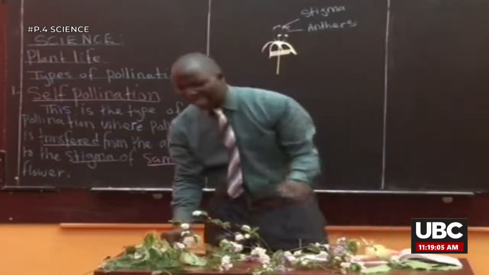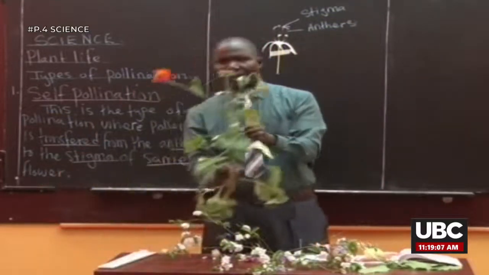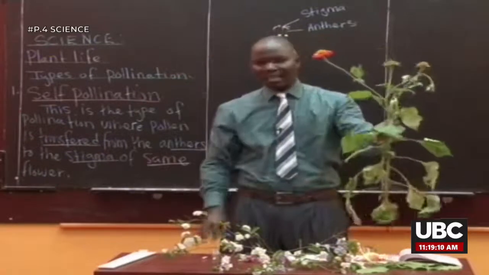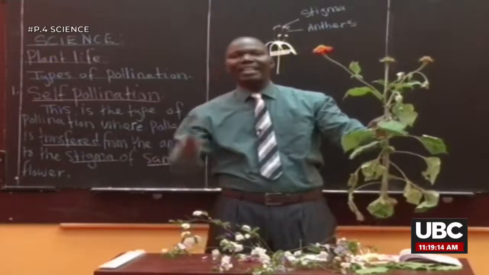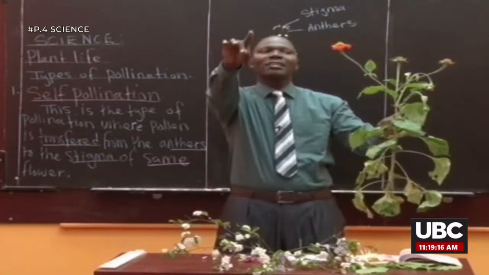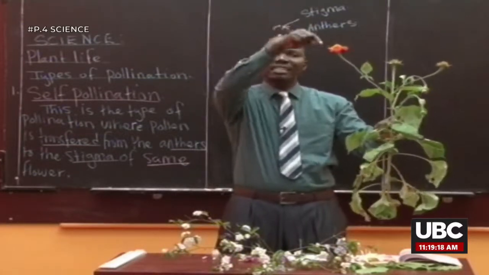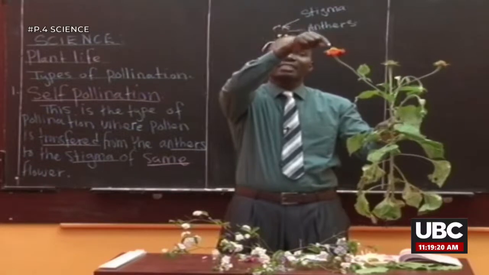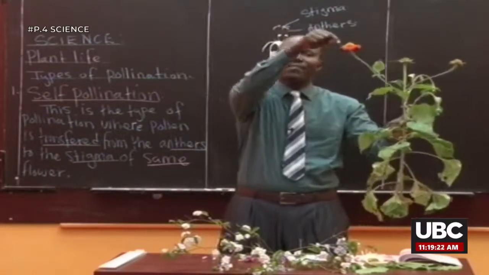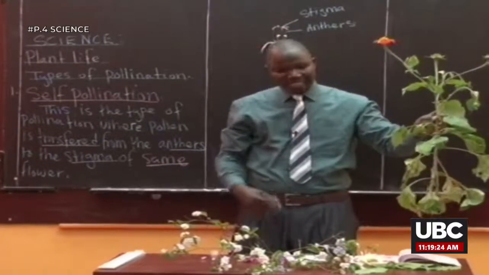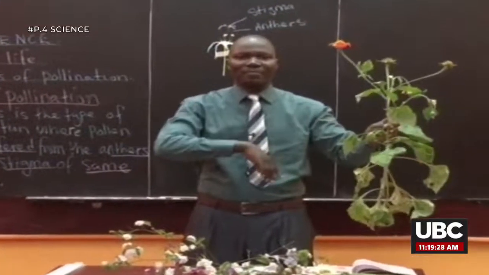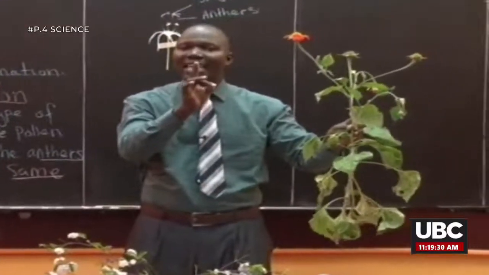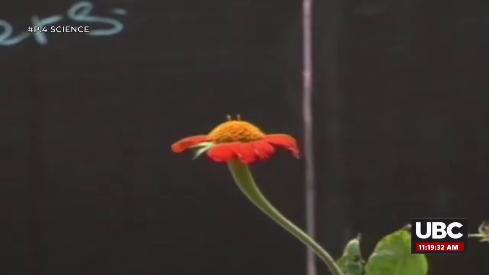Let me bring in another good example of a flower. We have our plant here. If you are talking about self-pollination, the pollen grain must move from the anthers to the stigma of this flower. It must be of this same flower, even if they are on the same plant.